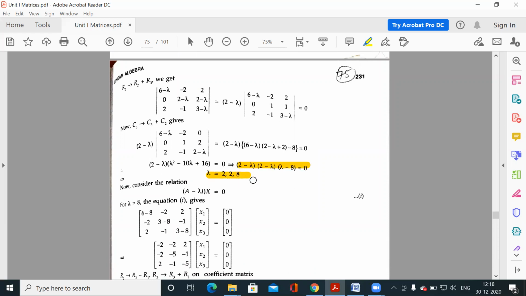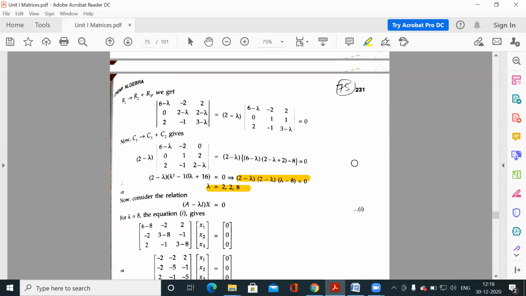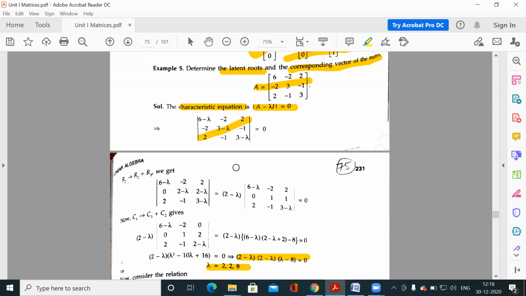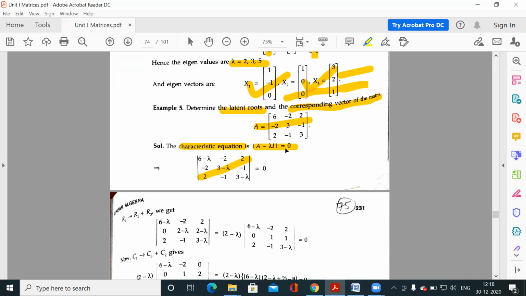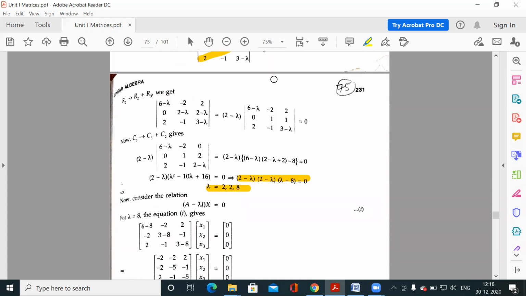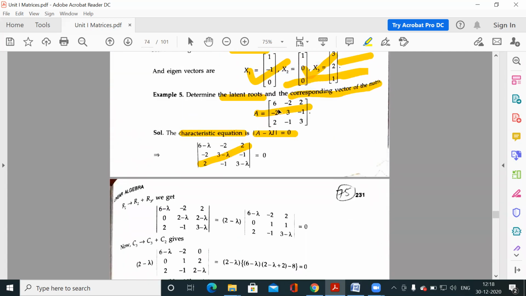I told you that short formula also, if you don't want to solve this determinant directly, you can write the characteristic equation. It is like lambda cube minus trace of A, that means 6 plus 3 plus 3, 12. So lambda cube minus 12 lambda square, plus the sum of cofactors A11, A22, A33 into lambda, and the last term is minus determinant of A is equal to 0.